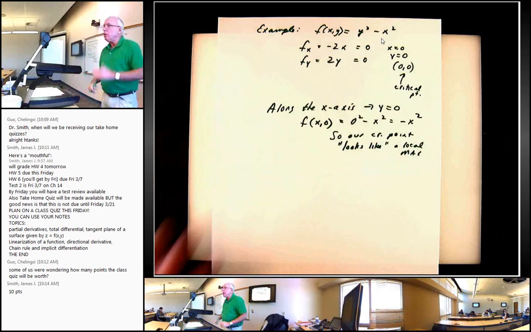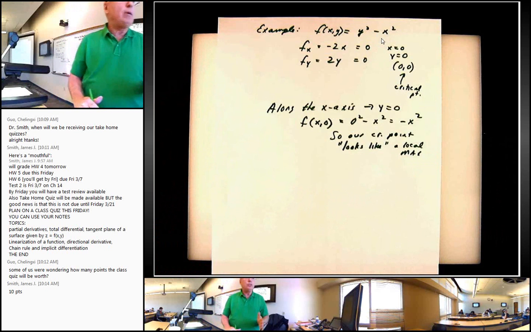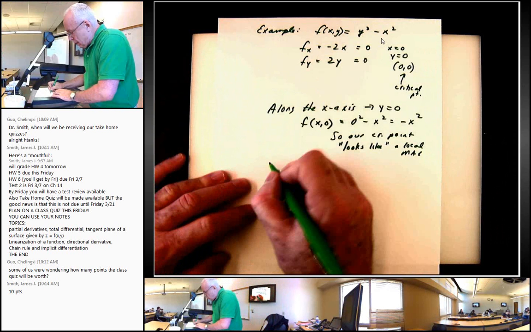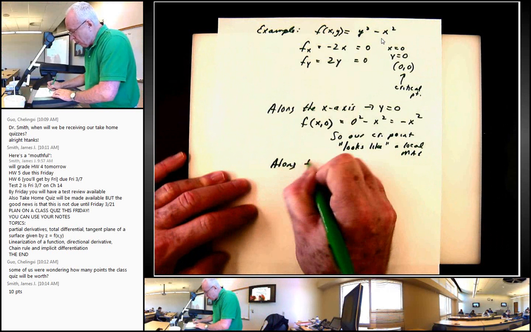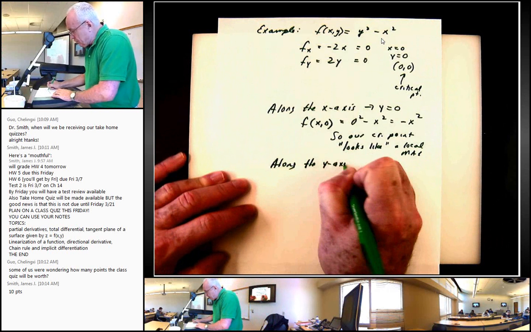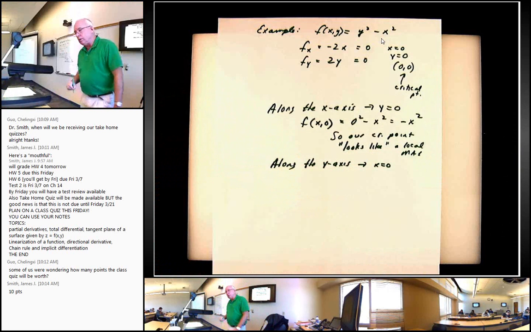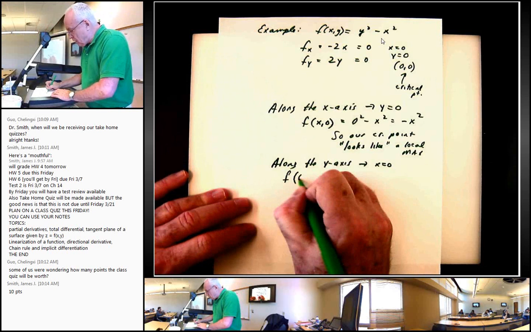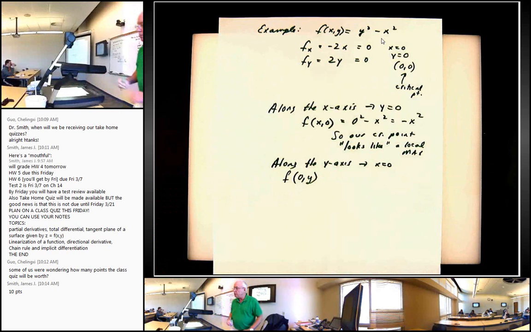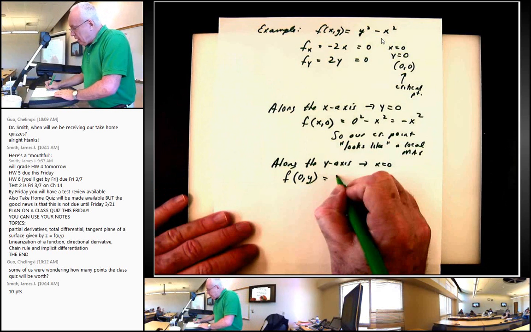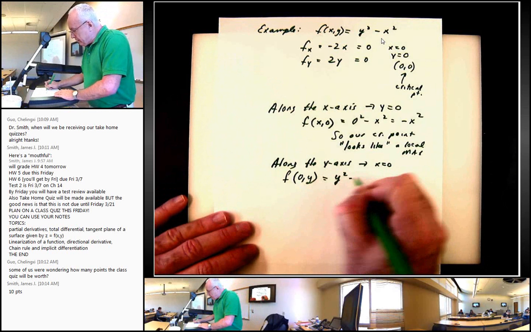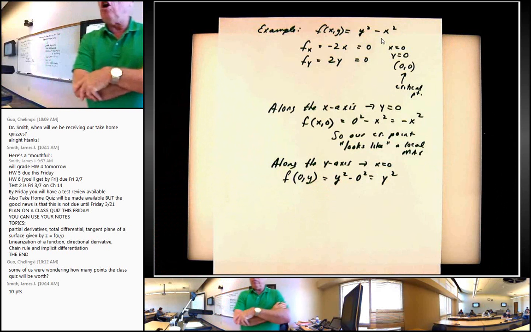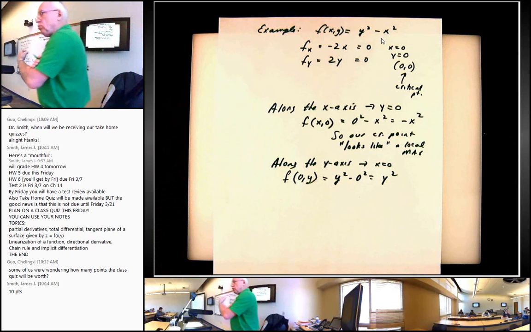But now let's travel along the y-axis, traveling to the origin. Along the y-axis, that means all my x values are equal to 0. So I can look at my function as f(0,y), because all the x's are 0. So that's going to be y squared minus 0 squared. So my function looks like y squared along that particular road.